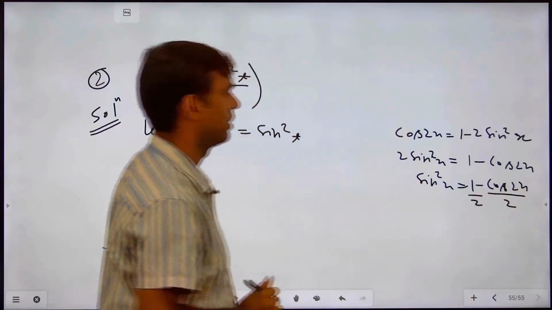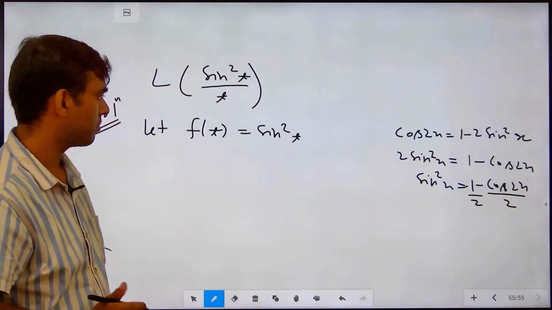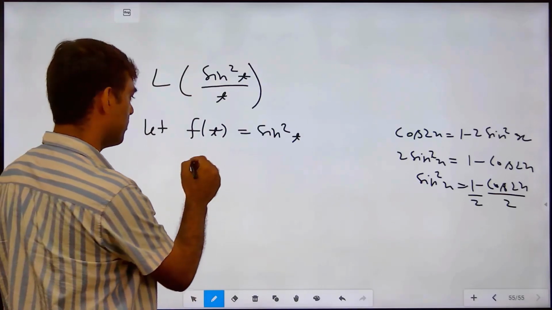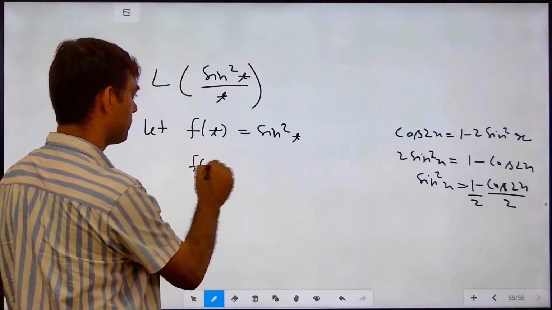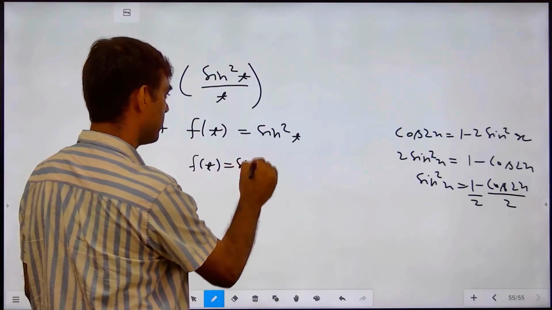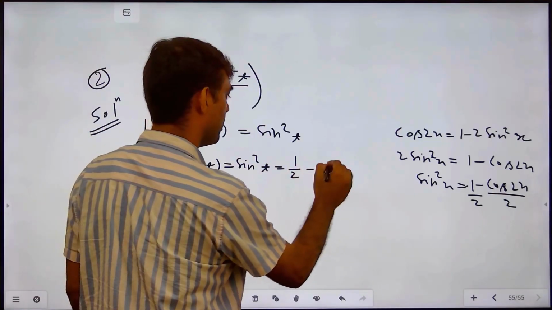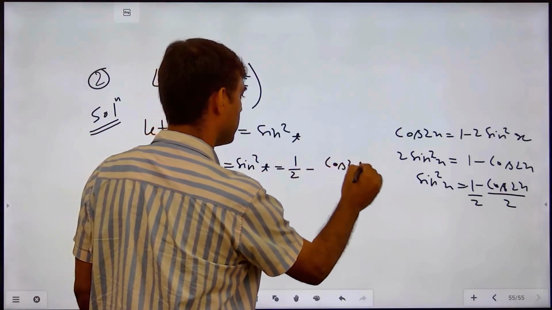Here we use this result. So, f(t) becomes sin square t equals 1 by 2 minus cos 2t upon 2.